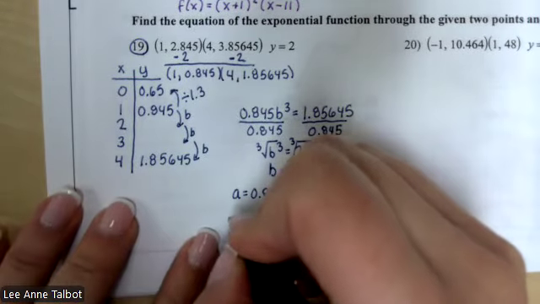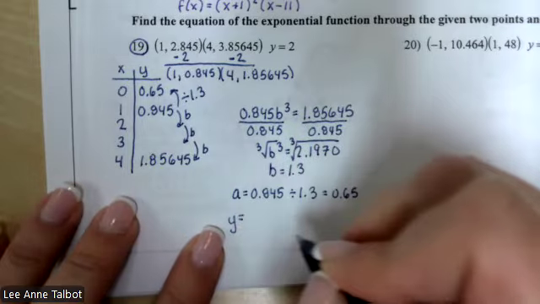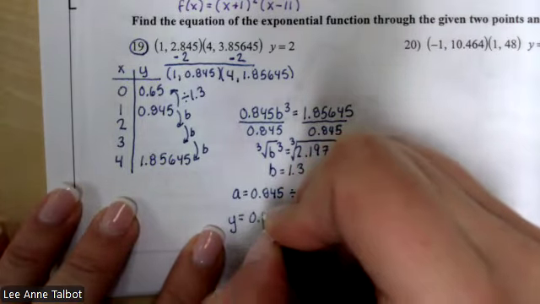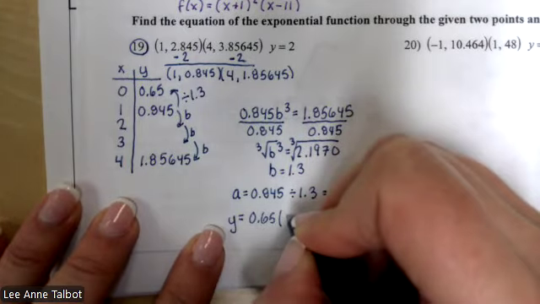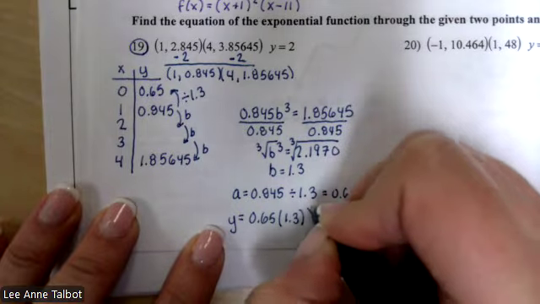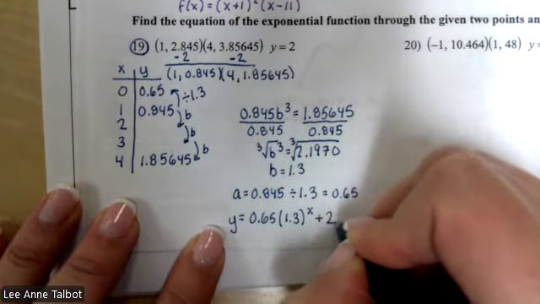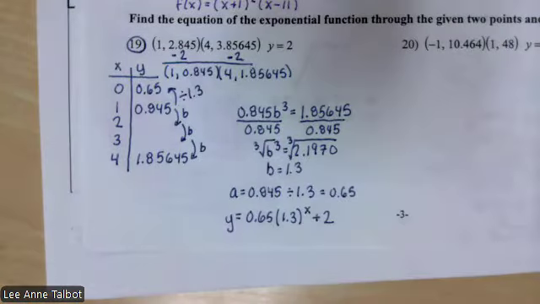Okay, so final answer, y equals a times b to the x plus k.